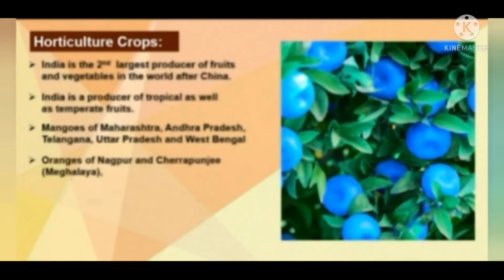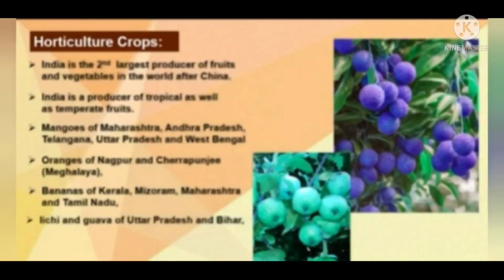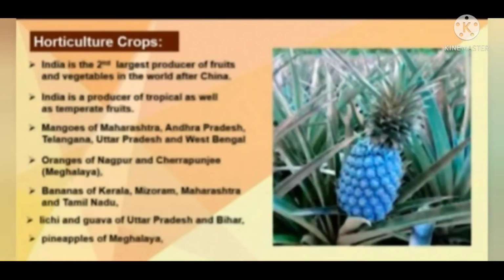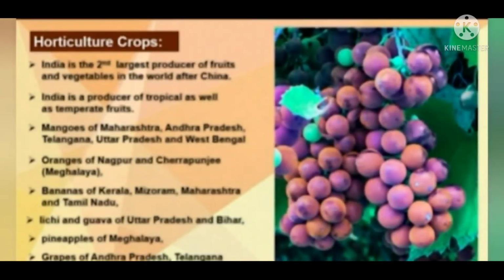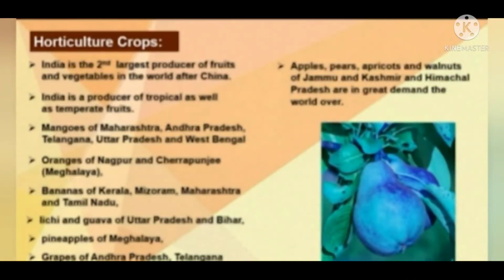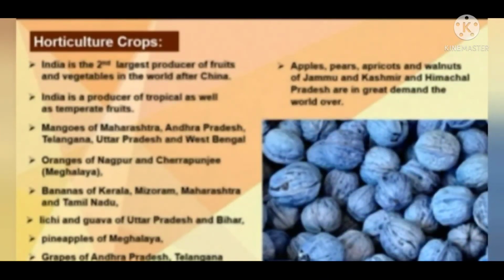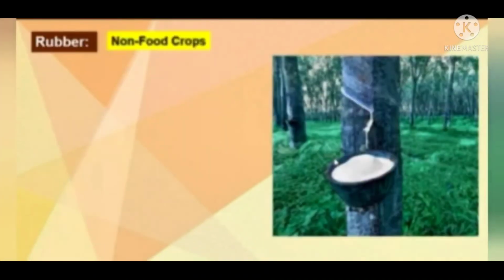Oranges of Nagpur and Cherrapunji, bananas of Kerala, Mizoram, Maharashtra, Tamil Nadu, lychee and guava of Uttar Pradesh and Bihar, pineapples of Meghalaya, grapes of Andhra Pradesh, Telangana and even Maharashtra. When I talk about the north, we have apples, pears, apricots, walnuts of Jammu and Kashmir and Himachal Pradesh, which are in great demand in the world.